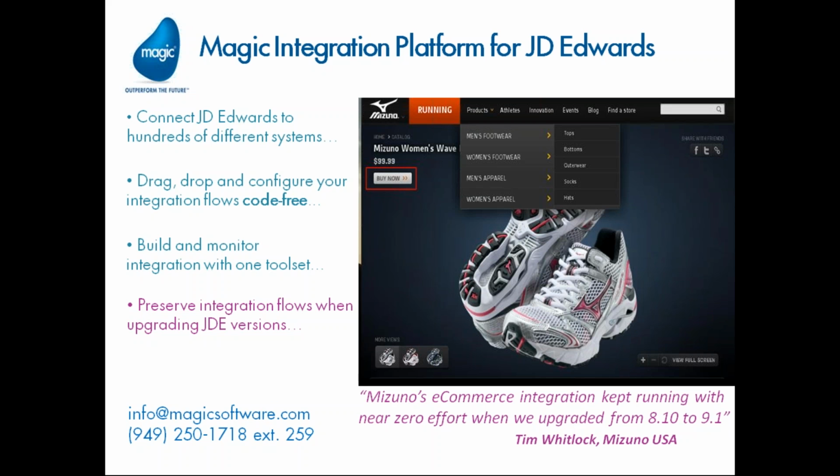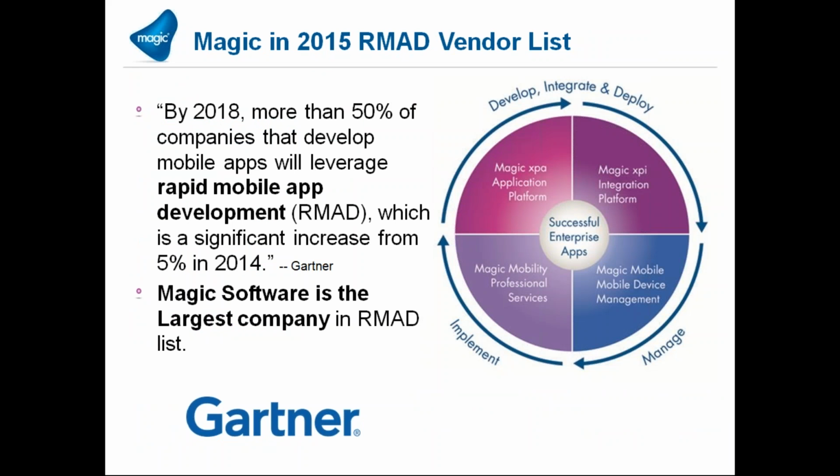And when you take all of this on, you can also consider mobile application addition, because the same integration platform that supports your integration between Agile and your ERP system also supports the development of offline mobile apps for your Agile and ERP systems.